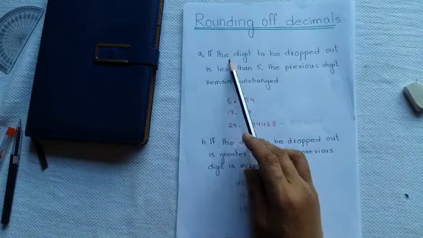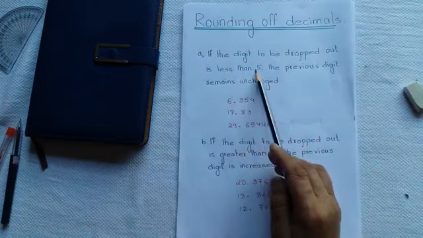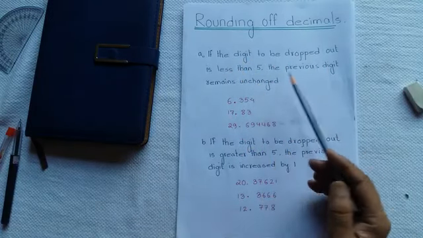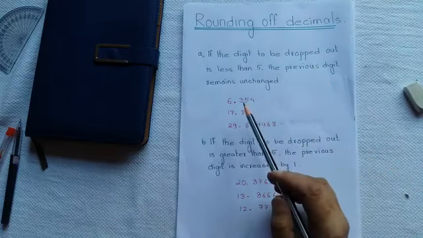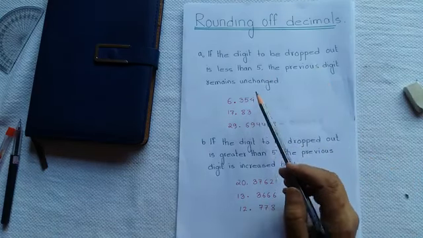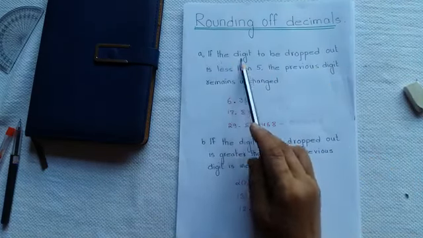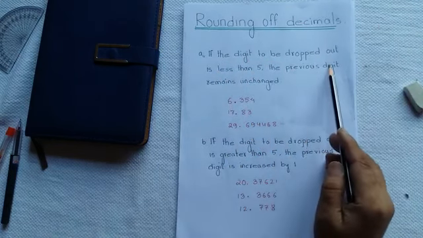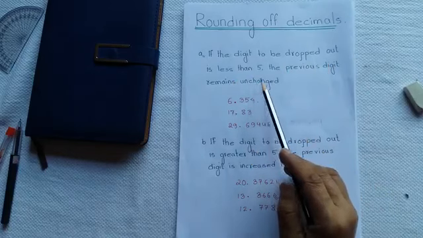Number one: if the digit to be dropped out is less than 5, the previous digit remains unchanged. So read it again. If the digit to be dropped out is less than 5, the previous digit remains unchanged.